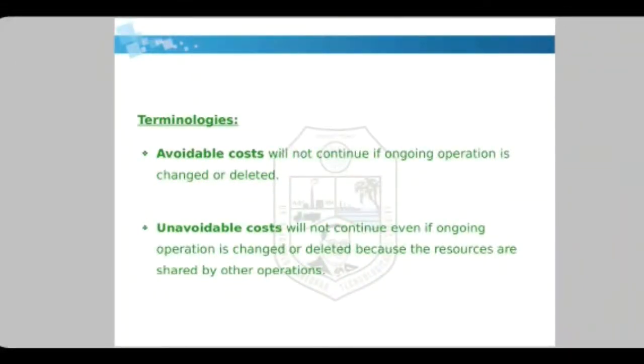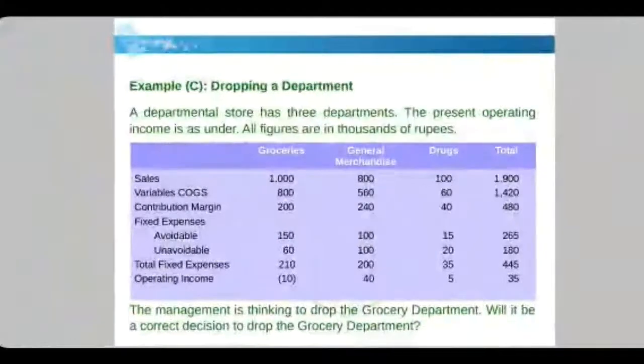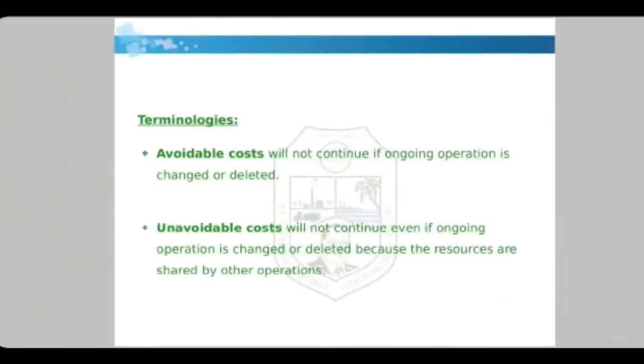Before that, these are the concepts. Avoidable cost will not continue if the ongoing operation is changed or deleted. Means if we decide to drop the groceries department, the avoidable cost will not continue. Unavoidable cost will continue even if the ongoing operation is changed or deleted, because the resources are shared by the other operations.